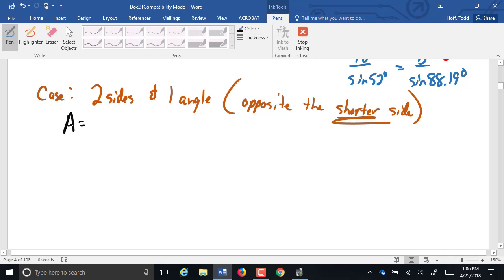So let's say I tell you that A is 28 degrees. Side A, let's go with 32 feet. But side C, let's make this interesting. We'll go 55 feet.